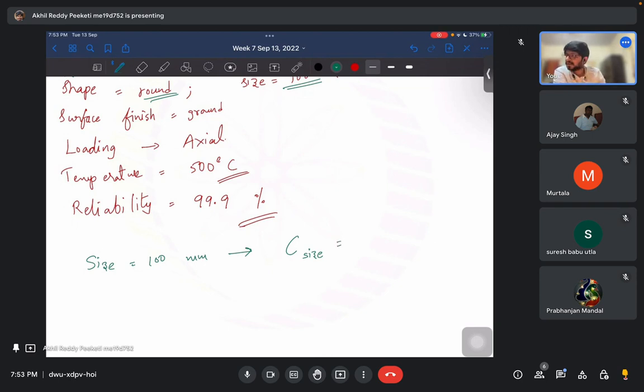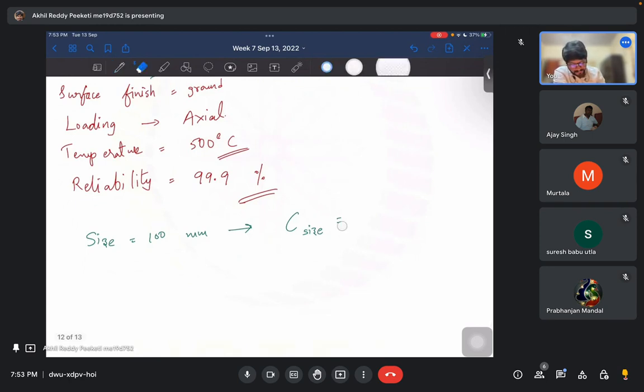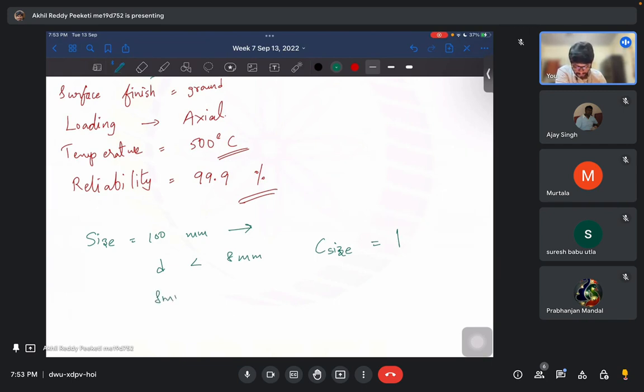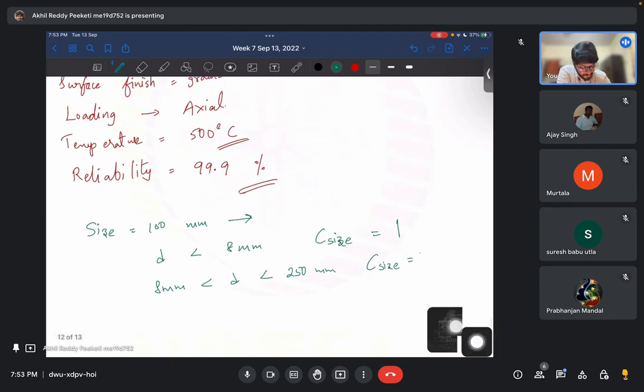So for dia less than 8 mm, the size based correction factor C size is 1. When the dia is 8 mm to 250 mm, C size is 1.189 into d power minus 0.097.